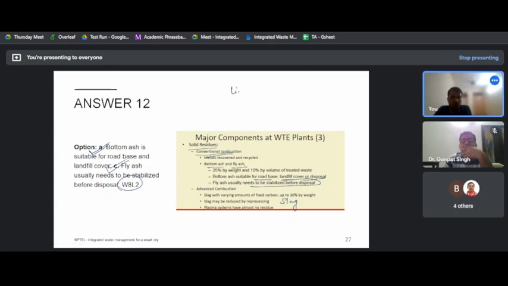So what is a liner? We have the landfill, which contains different kinds of solid waste, which may be hazardous.